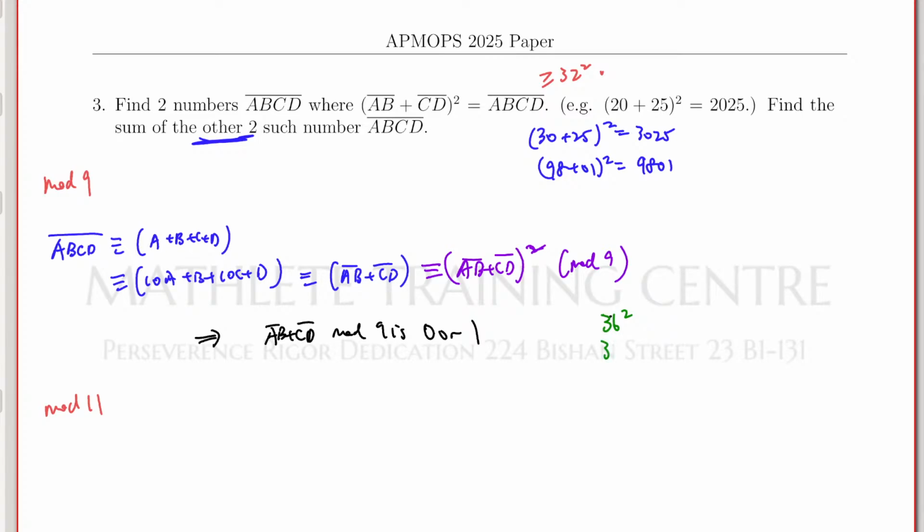Then you see 37 squared with the same property, 45 squared, 46 squared. Then you have 54 squared, 55 squared, and so on, 63 squared, 64 squared, 73 squared, 82 squared, 90 squared, 91 squared, 99 squared, and then there's no 100 squared. That's too big. So these are the conditions we can get for mod 9.